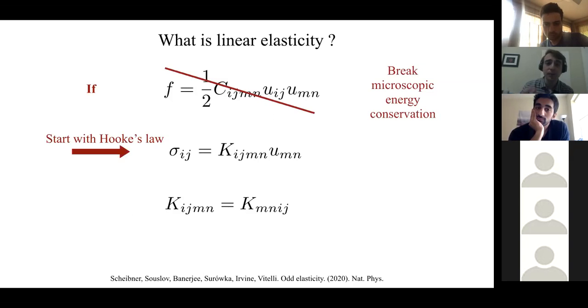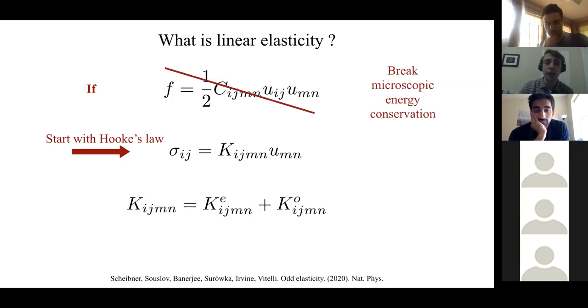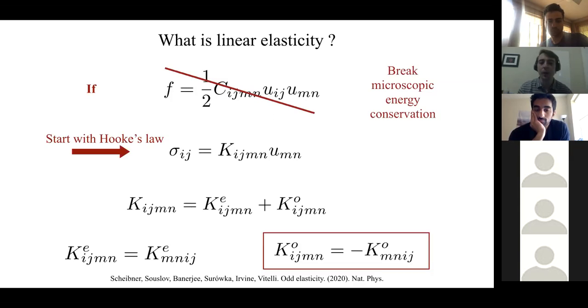In this case, Hooke's law is the phenomenological starting place, because the stress-strain relationship can still be defined, but what we'll find is that the stiffness tensor can now be the sum of two pieces: an even piece, which is exactly what we had before, plus an odd piece, which is anti-symmetric under the interchange of the first and second pair of indices.